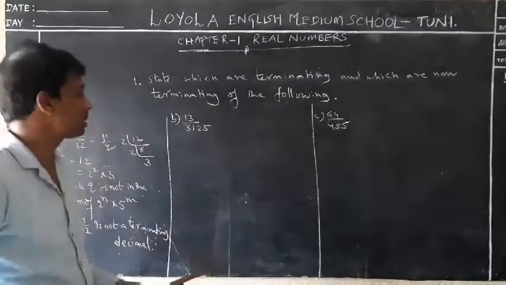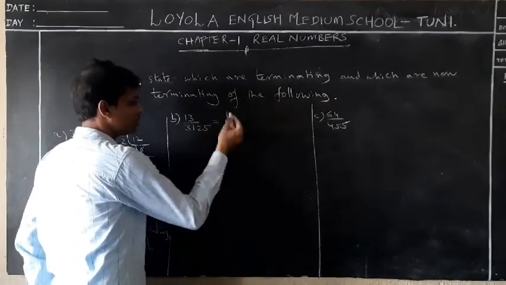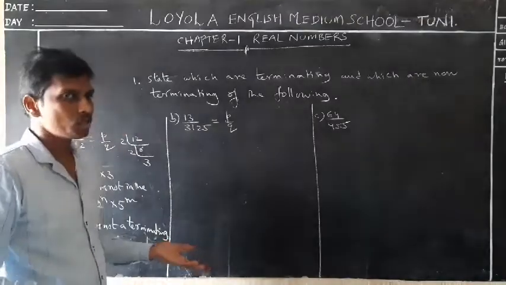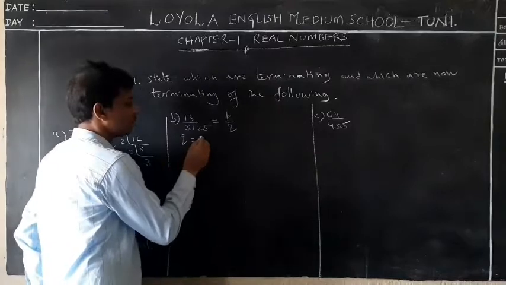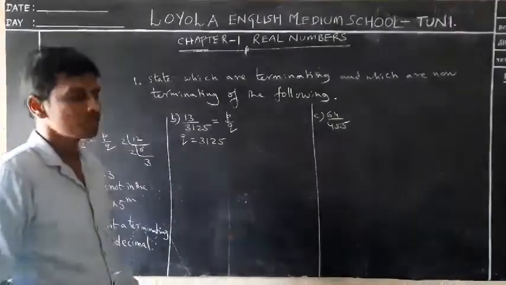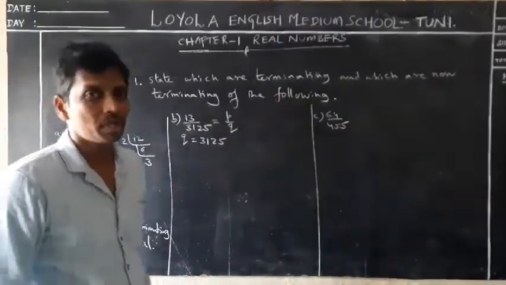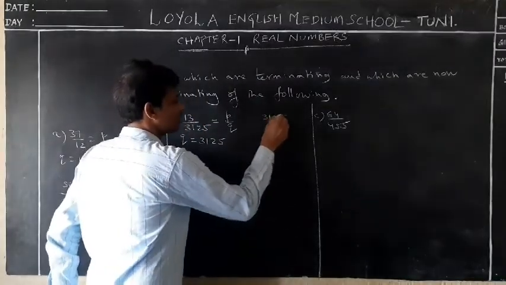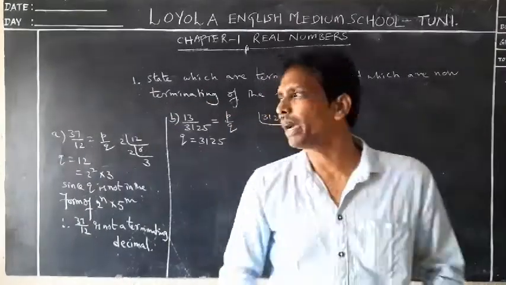Let us go through the second one, which is also in the form of p by q. So we need not do any simplification, since no common number is possible in both. From this we came to know the value of q is 3125. So write 3125 as the product of prime factors. Can we say 3125 is divisible by 3?